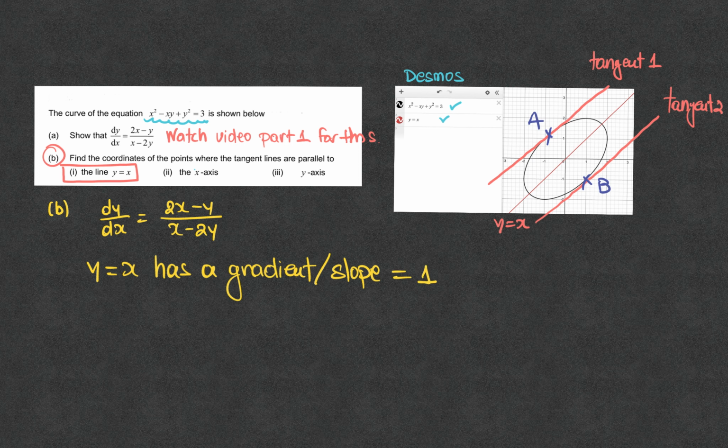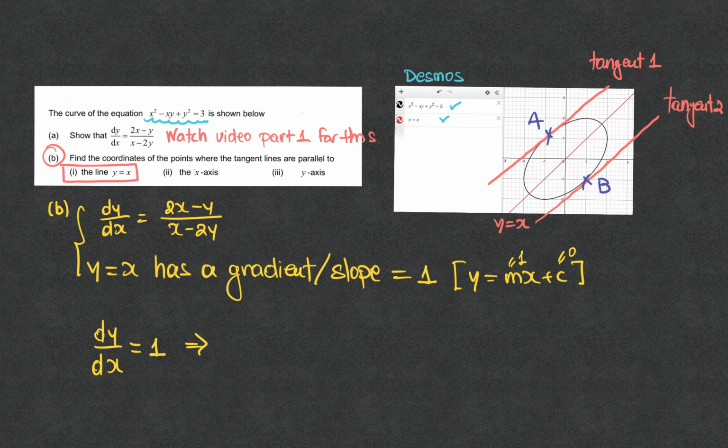Because if you think about the general form y equals mx plus c, for y equals x, the c is equal to 0 and the m is equal to 1. So basically, we want to find the points for which dy over dx, which is the slope at any point of the relation I'm working with, has to be equal to 1. I'm just combining those two.